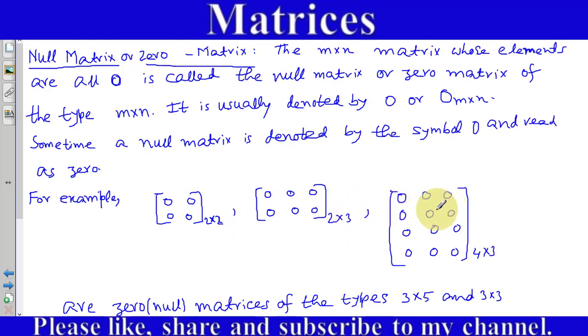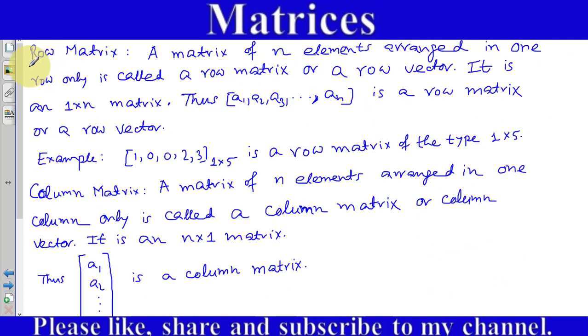0 0 0, this is 4 rows and 3 columns, a 4 by 3 order null matrix. Row matrix: a matrix of n elements arranged in one row only is called a row matrix or a row vector.